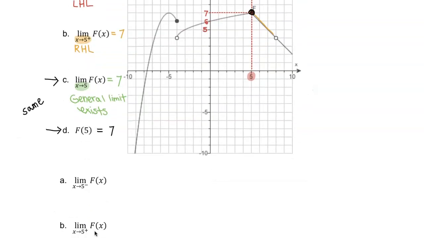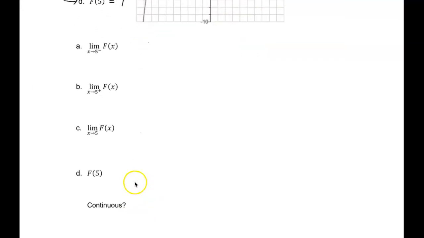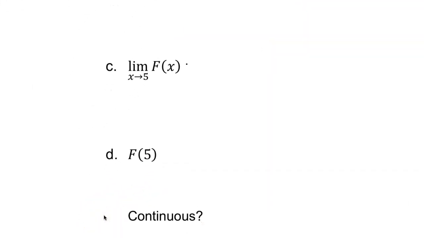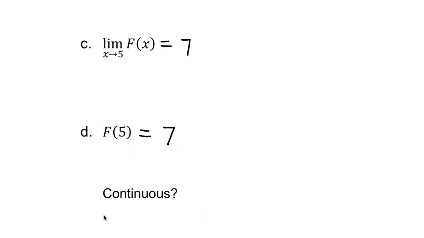Where did that question go? Oh, down here. Is this continuous? Notice that the general limit was equal to 7, and the function value, the closed circle, was also up at 7. So when these two values are the same, we get to say yes.